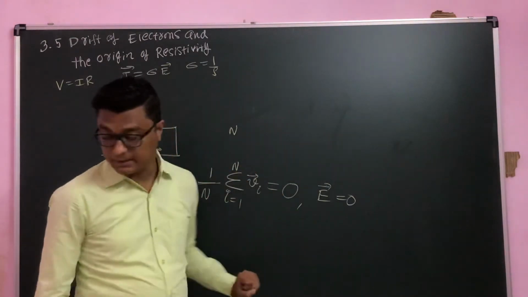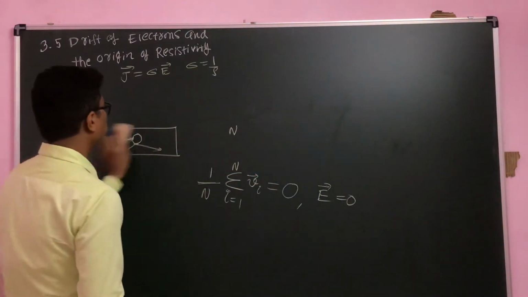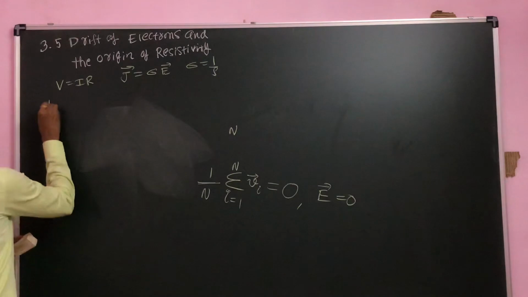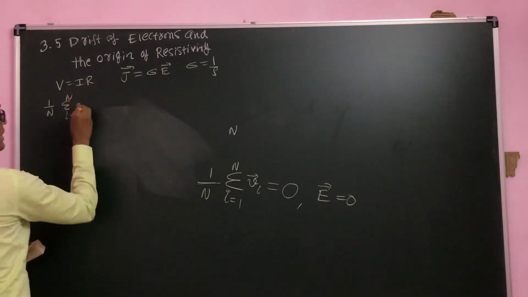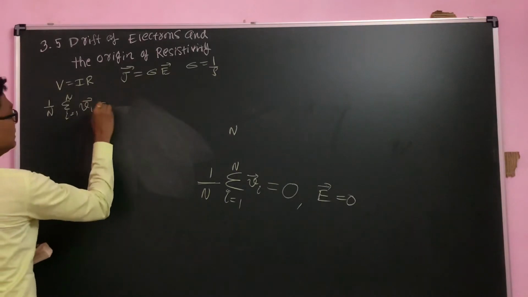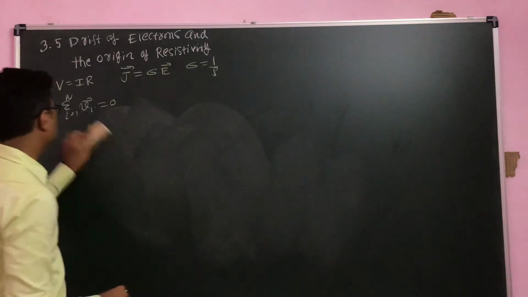So this is a concept. Let me write it somewhere: 1 upon n summation of i equals 1 to n of v_i is equal to 0, right?